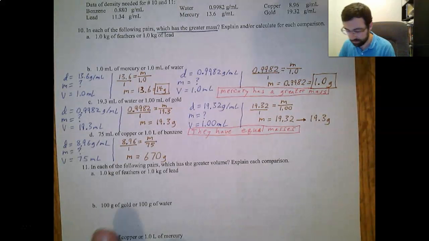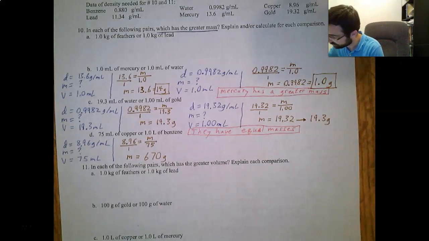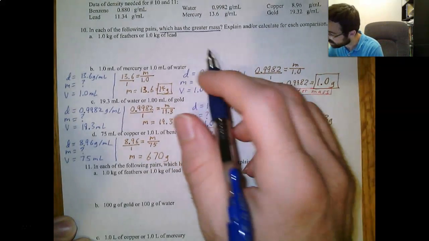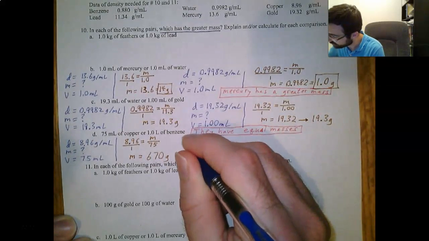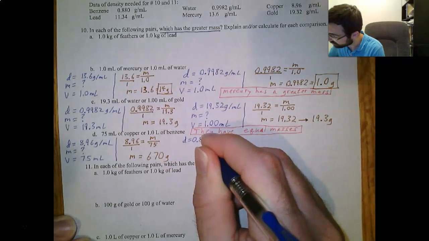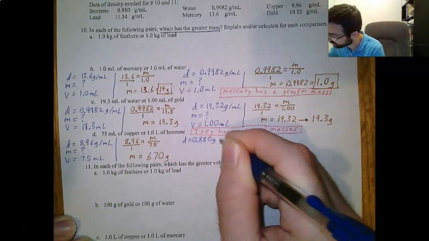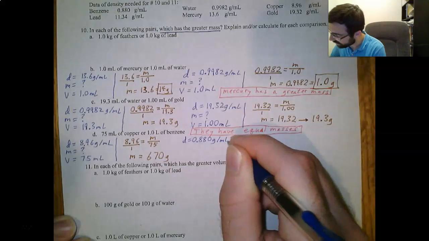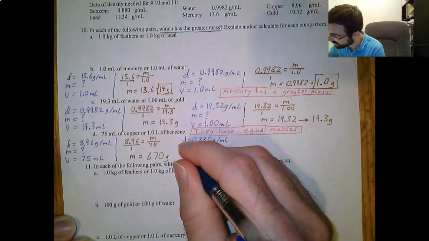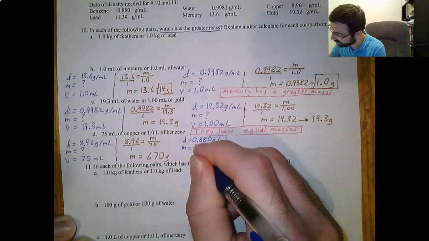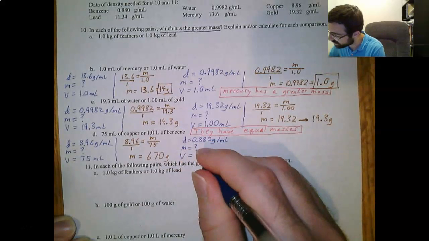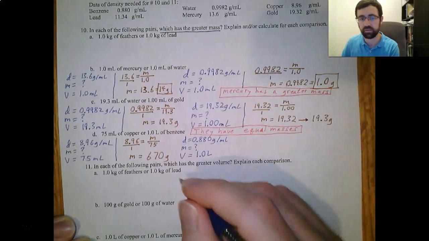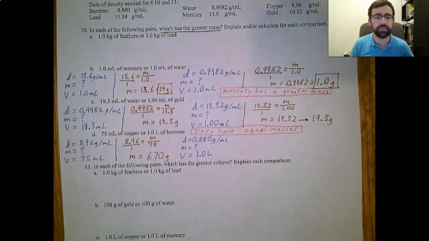All right, let's look at benzene. Benzene is right here, 0.880 grams per milliliter. All right, mass is unknown. Volume is 1.0 liters. So I just do 1 times that, right? Careful. Okay, that's 1 liter. We need to turn it into milliliters.